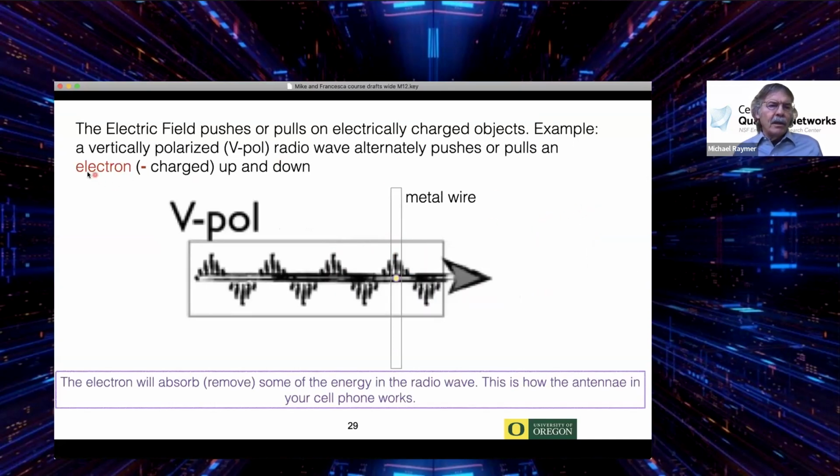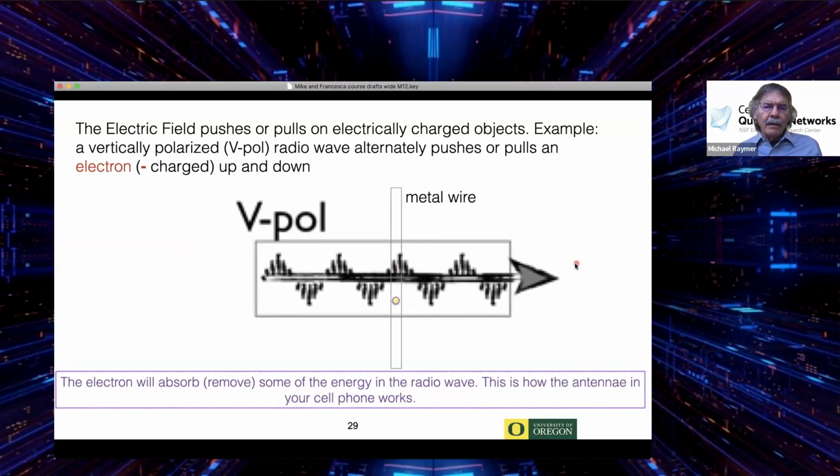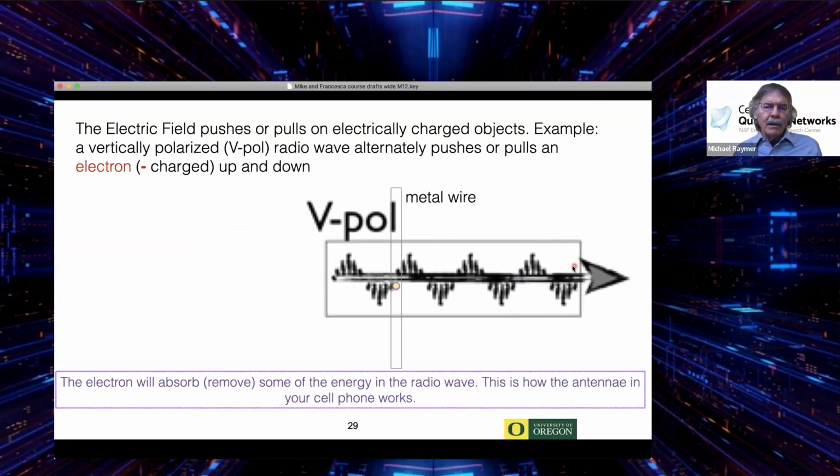But now if I have an electron over here, the electron is negatively charged, and so it actually gets pushed in the opposite direction. So watch this animation. As the field goes by, when the field is positive, the electron gets pushed negative. And when the field is negative, the electron gets pushed positive.